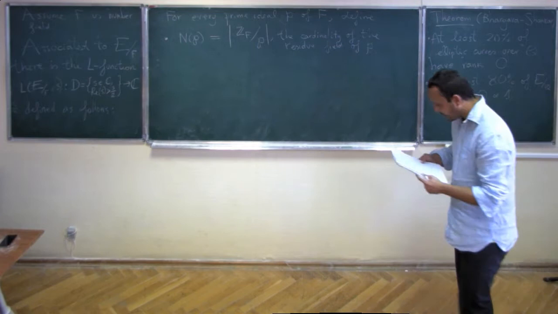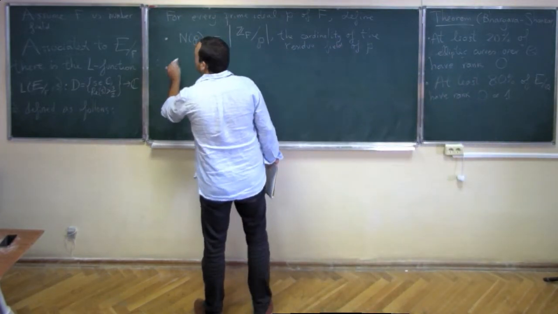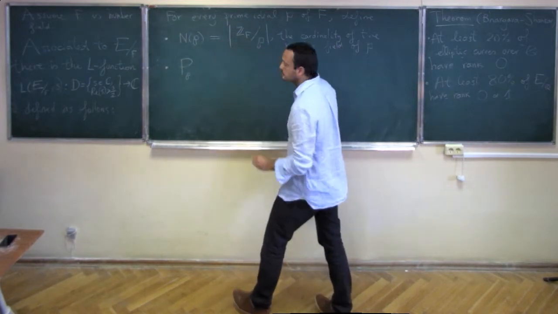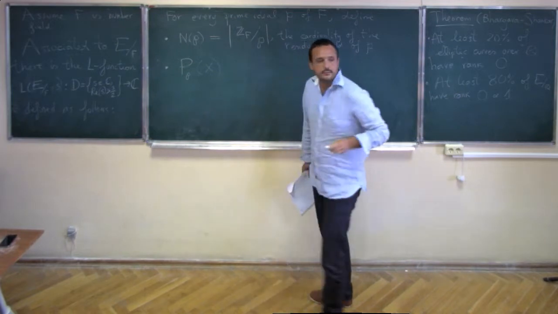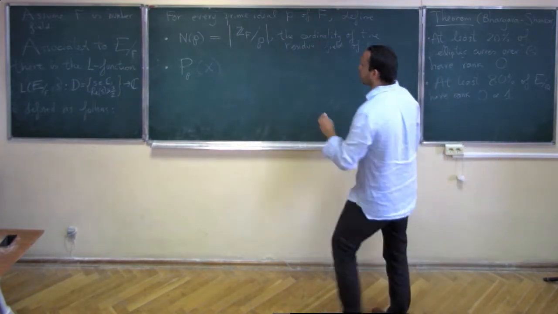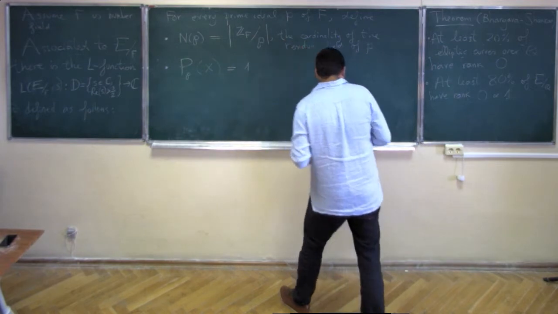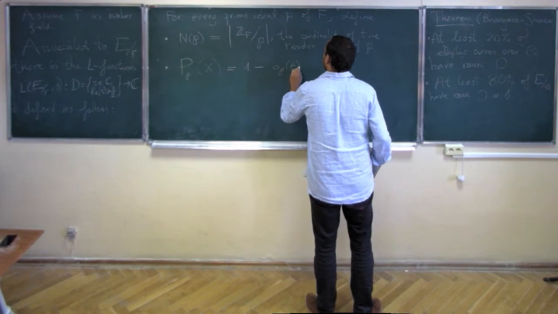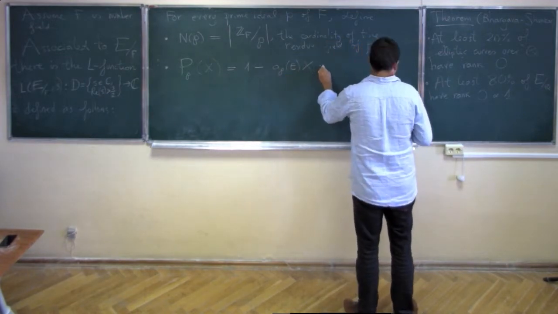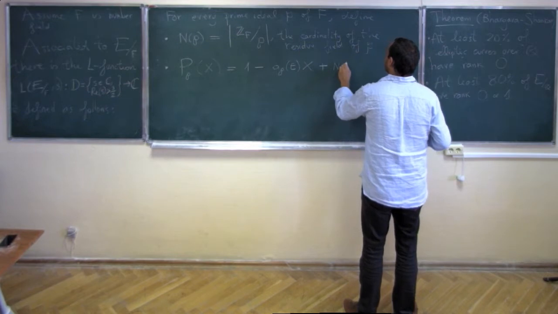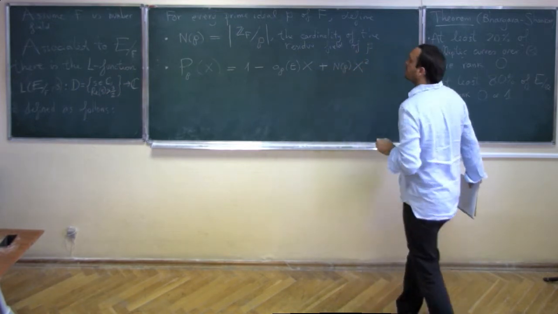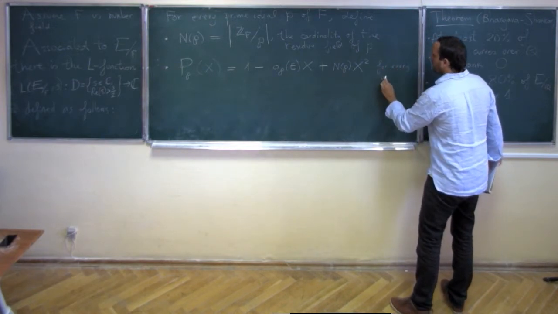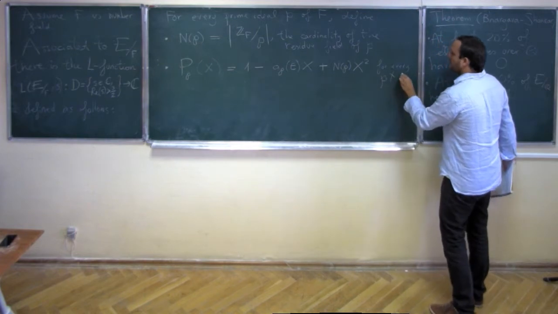Okay, and define also a polynomial attached to this prime P in some variable, call it x, for instance. This will be the following polynomial: 1 minus a_P(E) x plus the norm of P x squared, for every prime not dividing the discriminant of the elliptic curve.